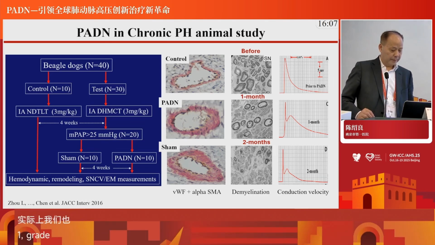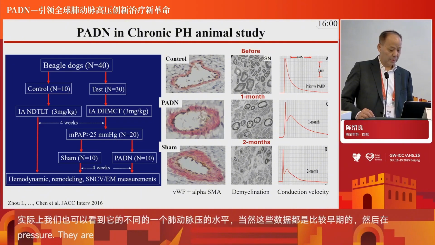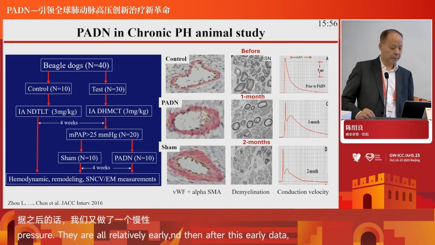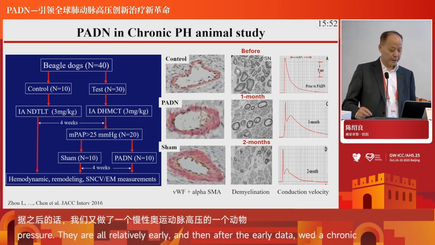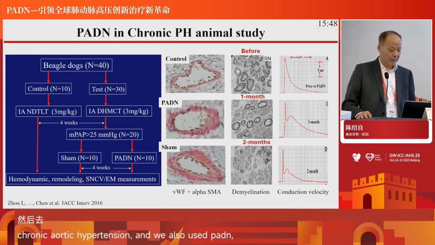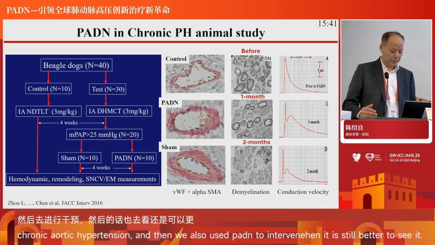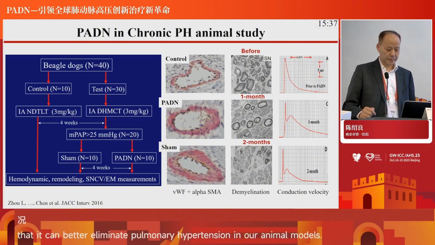After that, we created and studied the efficacy of pulmonary artery denervation in a chronic pulmonary hypertensive animal model. We used beagle dogs, randomized to test and control groups, with injection of DHMCT to induce pulmonary hypertension. Once the mean pressure was greater than 25 millimeters of mercury, the animals were further randomized to the PADN group, pulmonary artery denervation, as well as the sham control group.